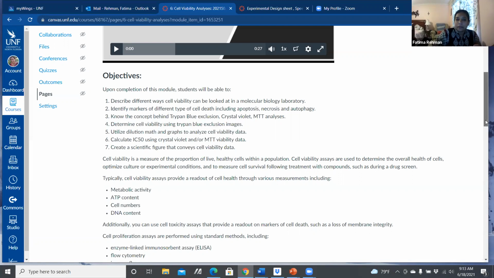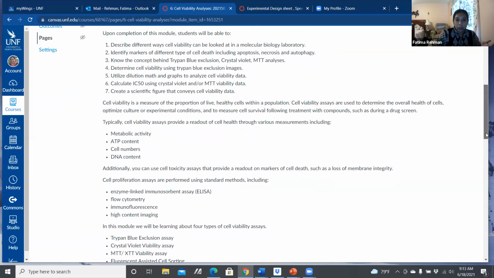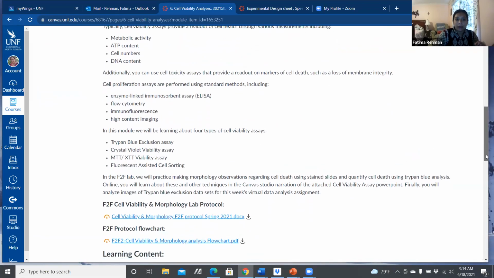Okay. So this particular page talks about different ways that we can look at cell viability, that we can look at cell health, overall information about that. Some of these things we are going to be looking at today, like cell numbers. We are going to be looking at cell viability analyses, data like the metabolic activity with MTT and other things.